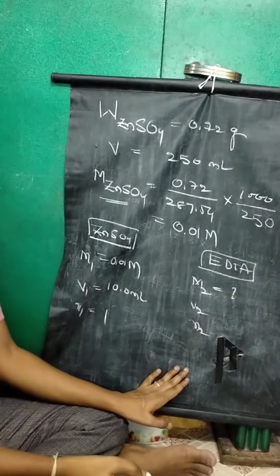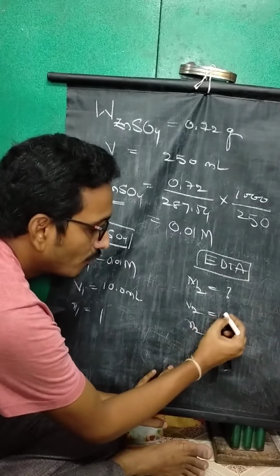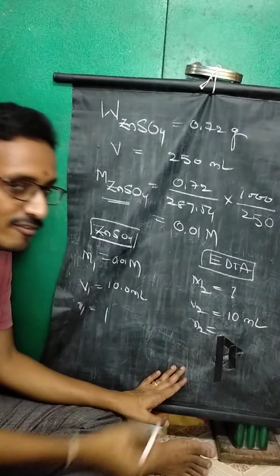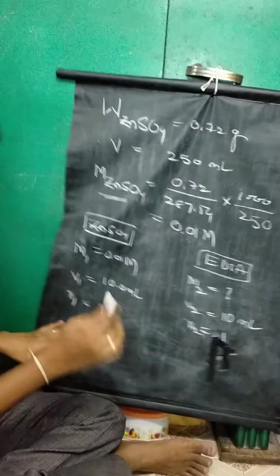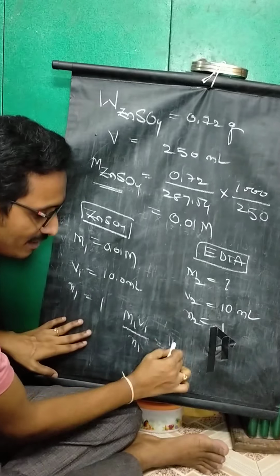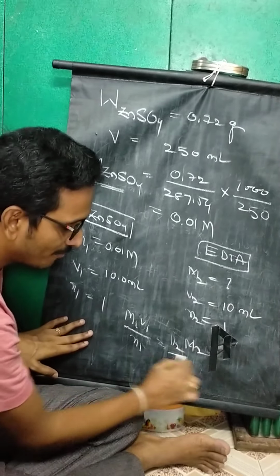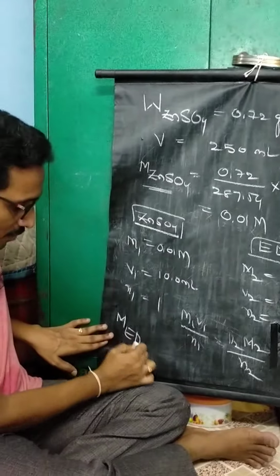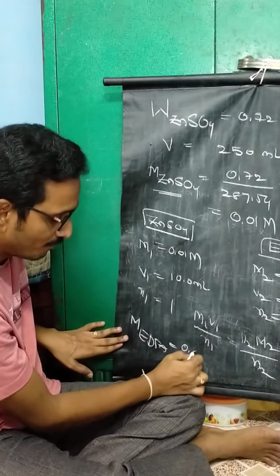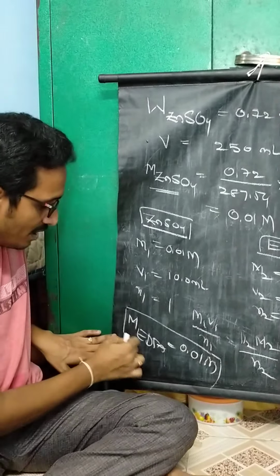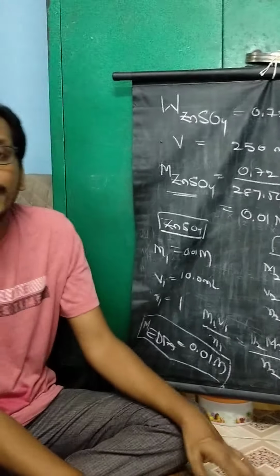Molarity of EDTA, that we have to find out. Volume of EDTA, from the problem, is 10. Number of moles is equal to 1. We have a formula V1 M1 by N1 is equal to V2 M2 by N2. And from this formula the molarity of EDTA can be found as 0.01 molar.